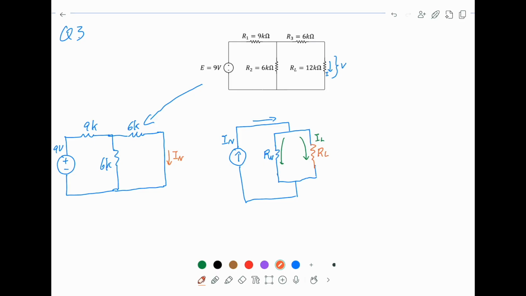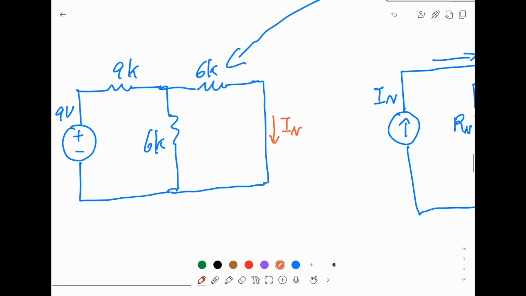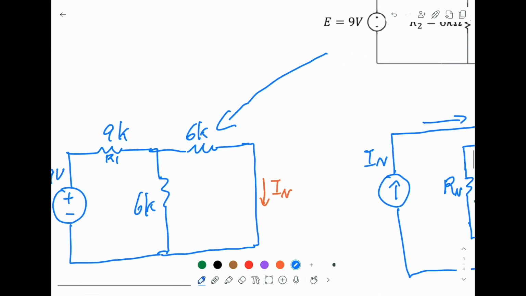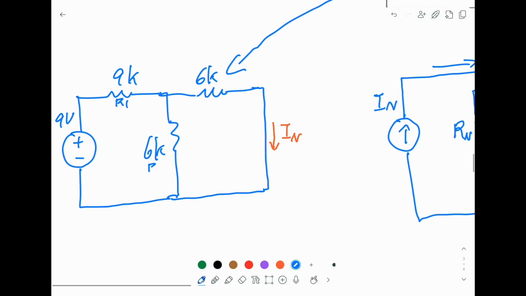To do this one, we now analyze this circuit here. If we know this is R1, and this is R2, R3. If we know the current passing through here, this is I1.